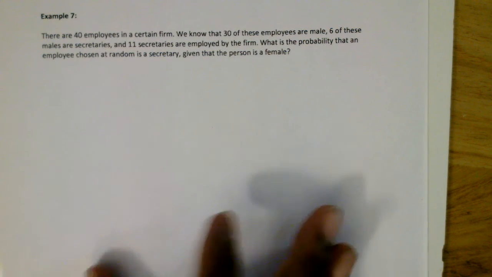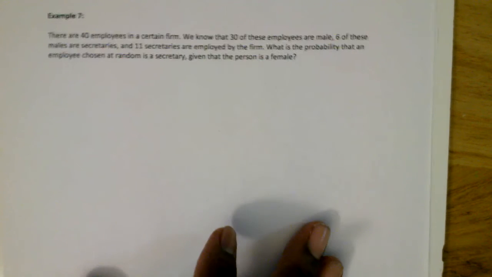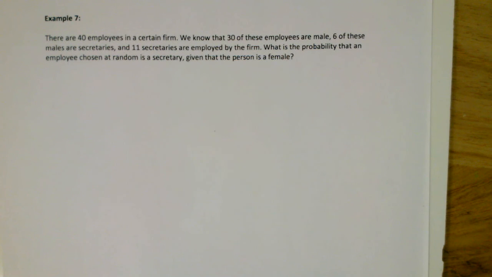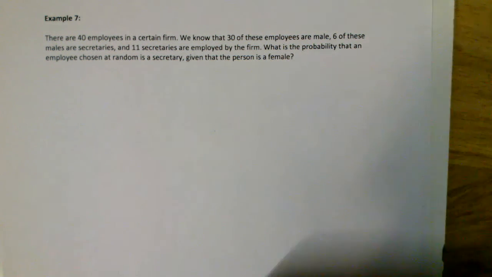Okay. Now, let's pay close attention to what's given to us. There are 40 employees in a certain firm. We know that 30 of these employees are male, six of these males are secretaries, and 11 secretaries are employed with the firm. What is the probability that an employee chosen at random is a secretary, given that the person is a female?